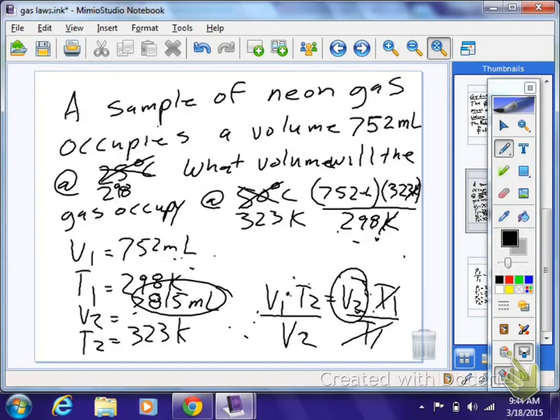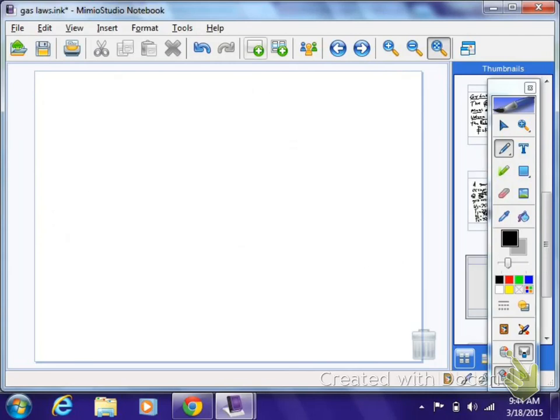Okay? So the other one we're going to look at is sample problem E on page 373. Alright? On that one, we're looking at pressure versus temperature. So we'll have a P1, a T1, a P2, and a T2.